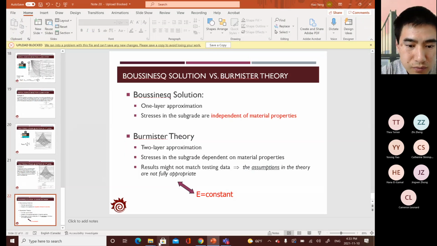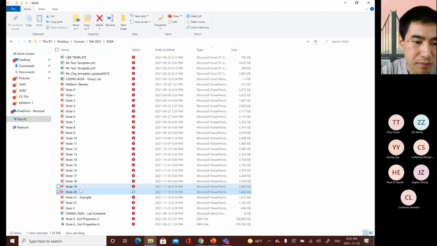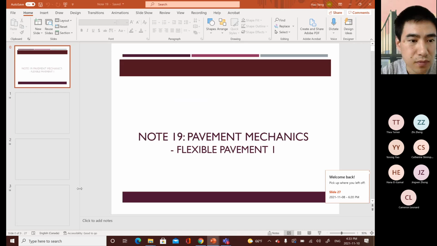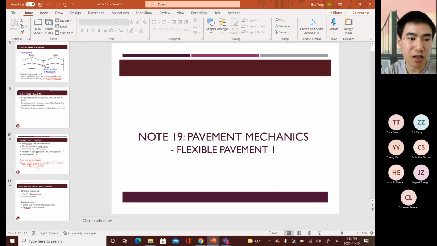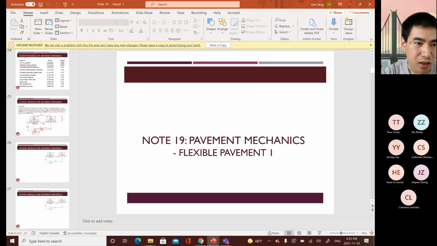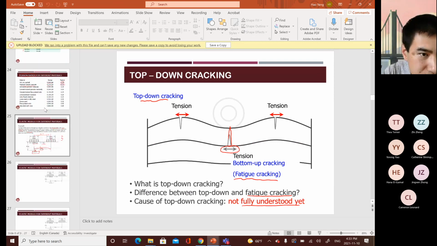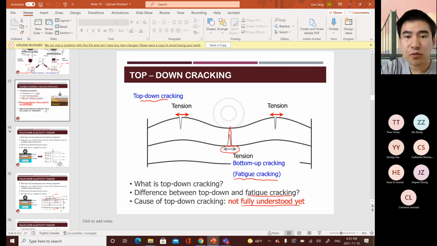Okay, so in the last lecture, we went through some fundamental introductions about the stress and strain analysis for the flexible pavement, and we also introduced some graphs to do the calculation about the stress and strain at different locations in the flexible pavement.